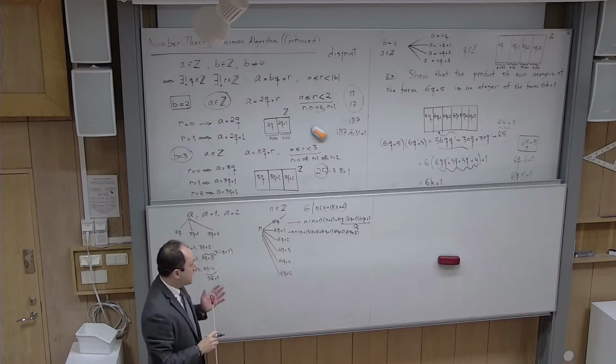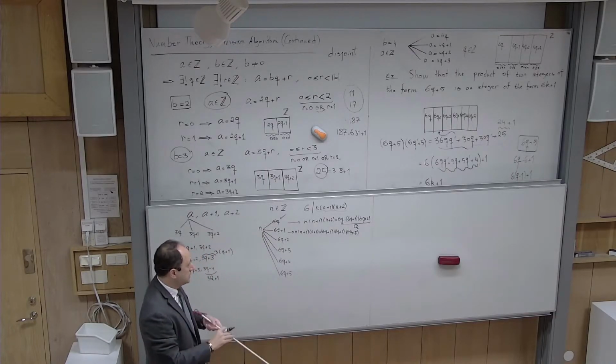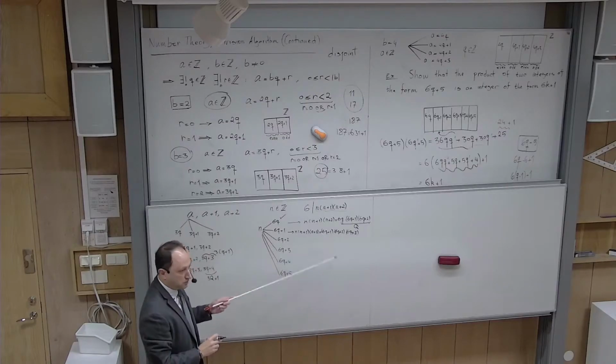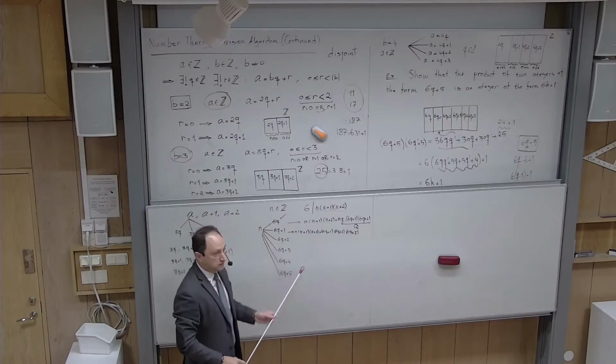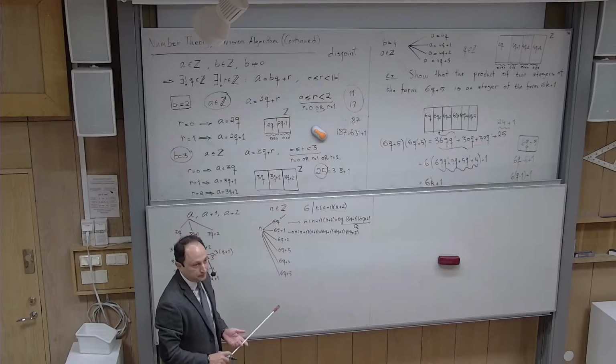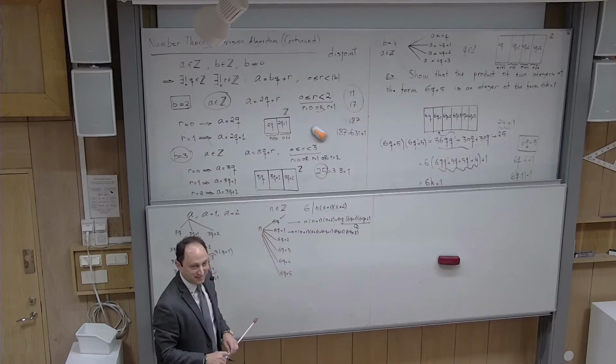Because I want to have a multiple of 6. It is not that clear yet that it is a multiple of 6. So why is this a multiple of 6? Hello? Why is it a multiple of 6?